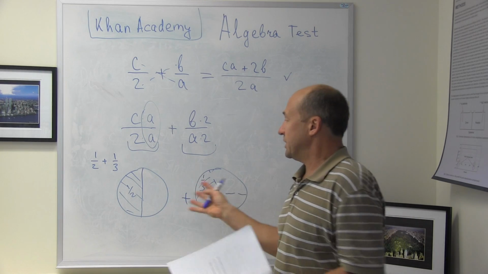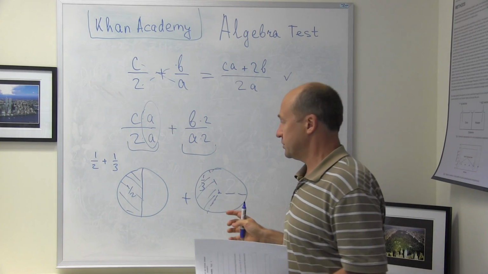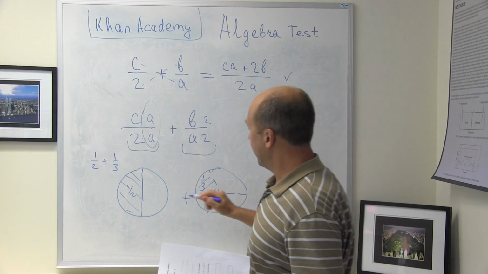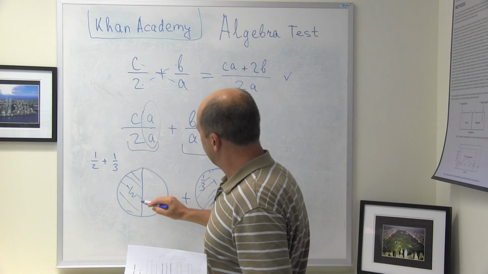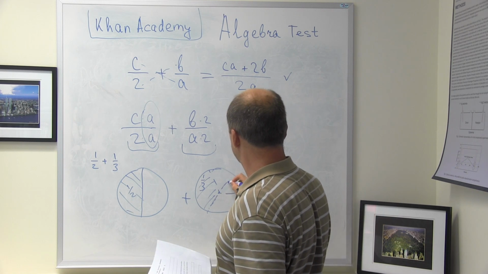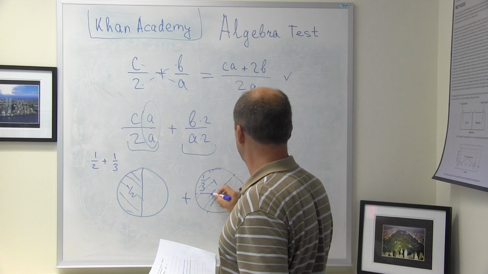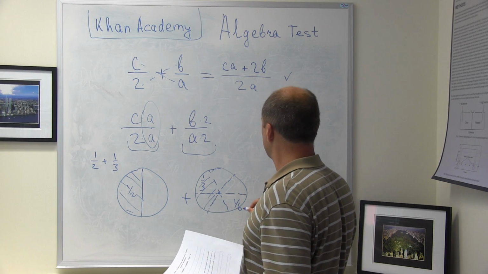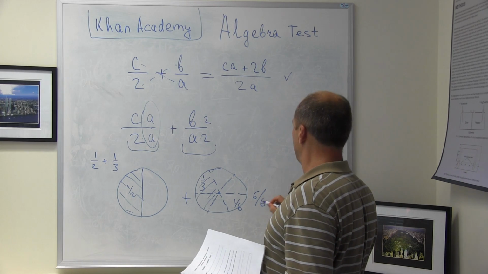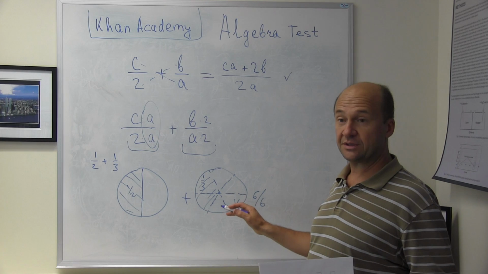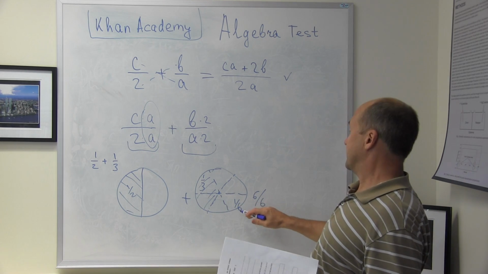Now visually we can add them, but how do we count? Well, it turns out that this 1/2 could actually be divided further. So I'll first divide here further. I can divide this whole circle into 6 pieces of 1/6, because 1 is just 6/6.